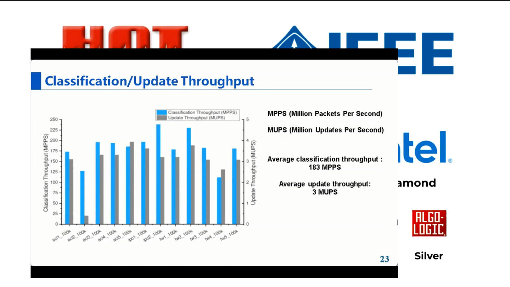On the other hand, with the exception of the ACL2 rule set, the range of update throughput does not fluctuate much, with an average of 3 MUPS, which is sufficient for most scenarios.